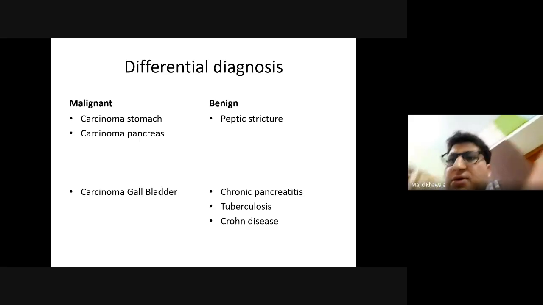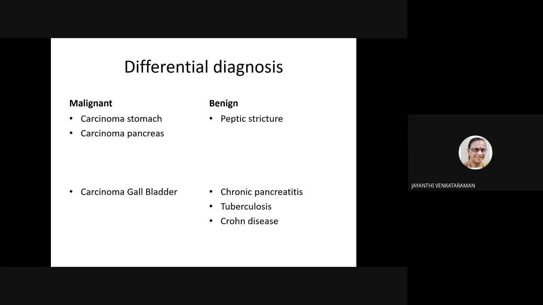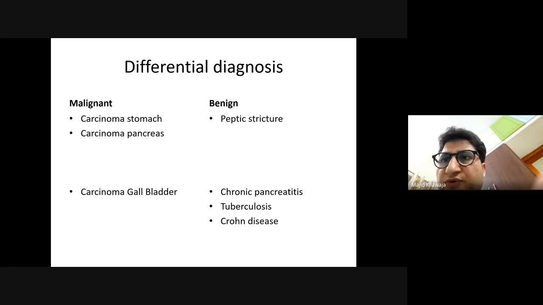Yes, sir. We can start with the baseline investigation in the form of hemogram to look for anemia and the type of anemia, other indices, and then we can look at the electrolyte abnormalities, sodium, potassium.